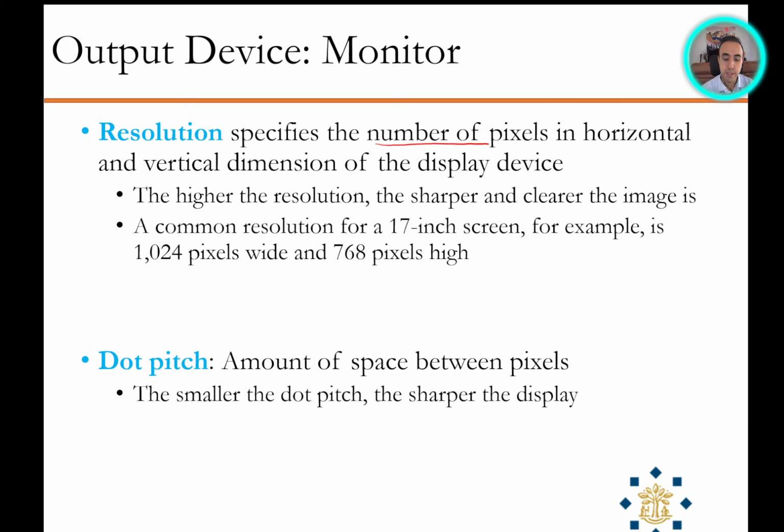For instance, a common resolution is 1024 from here, so this axis 1024, and from here to there, we have 768, right? The more pixels you have, the better. The one that I have is actually a high quality monitor, because I have more pixels.